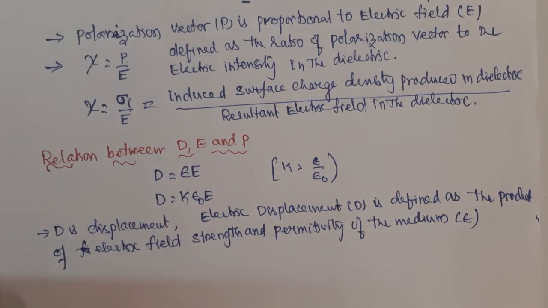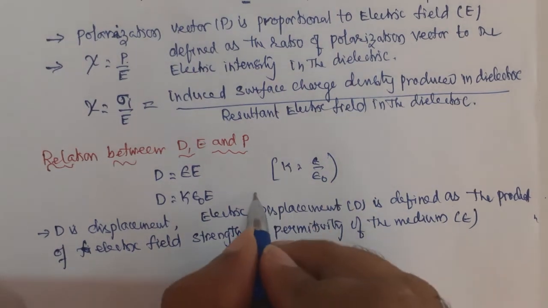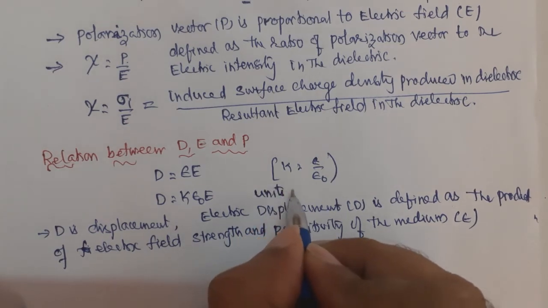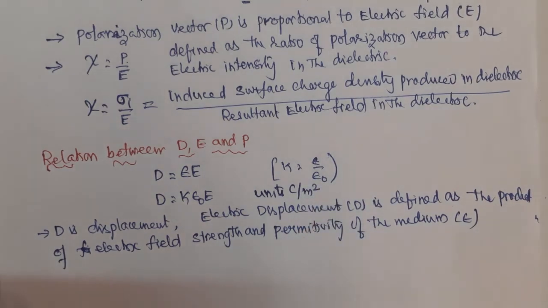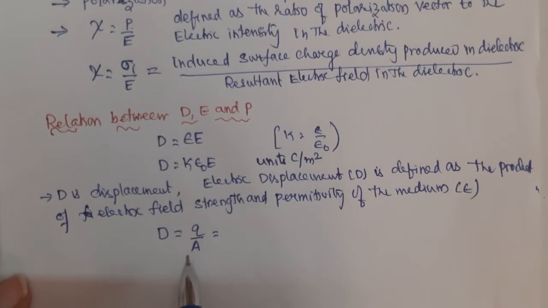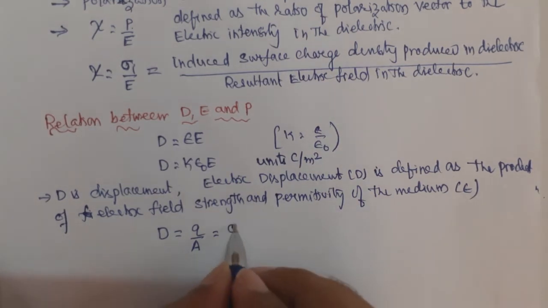And what are the units for the electric displacement? The units are coulomb per meter square. And moreover, the electric displacement D can also be defined as Q by A, which is the charge per unit area, the surface charge density sigma.